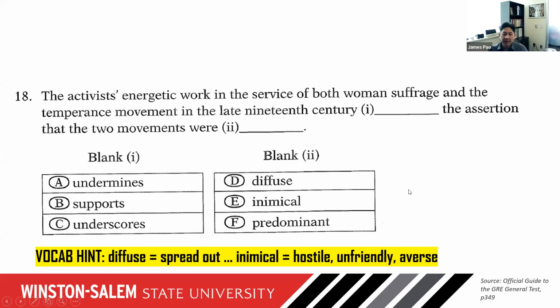All right, Xavier, I'm going to ask you to come off mute and just give me a guess as to which of these answers you pick, one out of the ABC and another out of the DEF, and tell me why you chose what you chose. So for the first blank, I said supports. And the second one, I was a little bit confused, but my best guess was predominant.